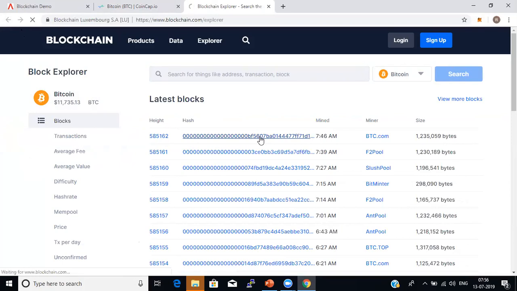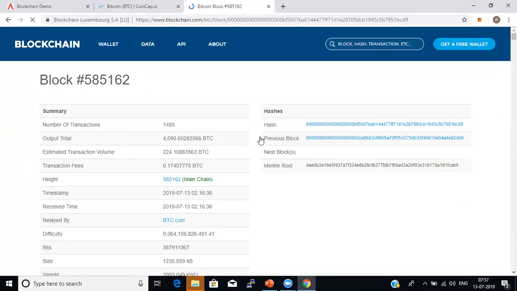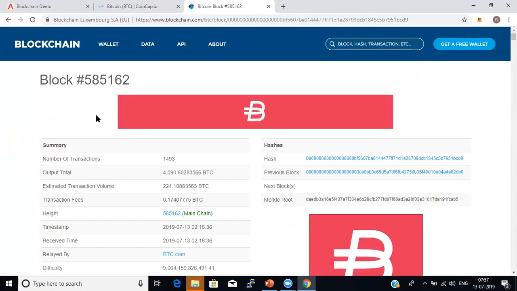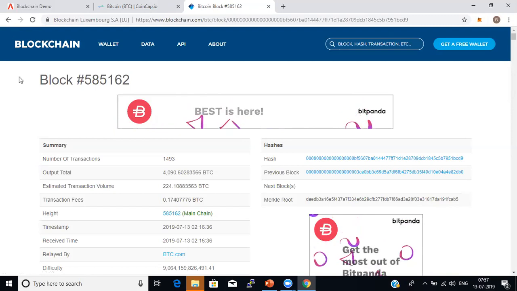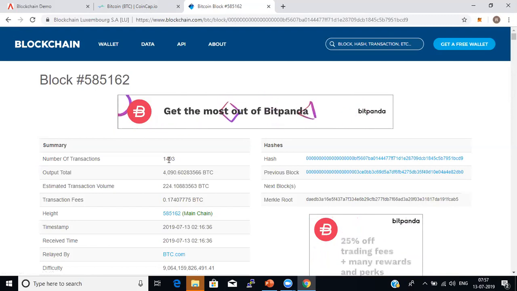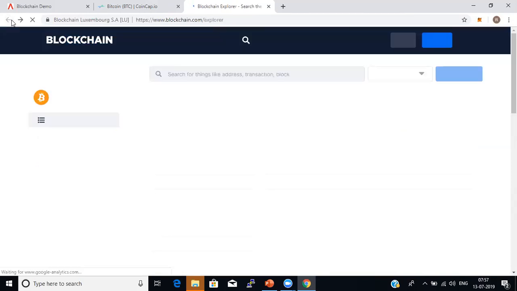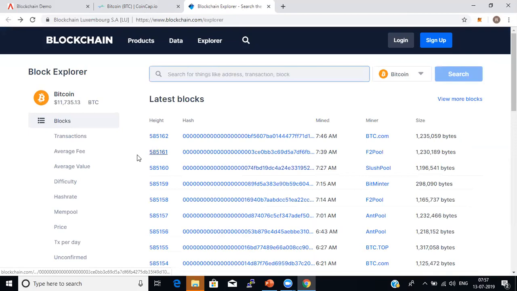The hash code is always in hexadecimal format, which is the combination of the numbers 0 to 9 and the alphabets A to F. This block contains about 1493 transactions. This is the latest block in Bitcoin. Tomorrow we'll go in depth into Bitcoin and Ethereum as well.